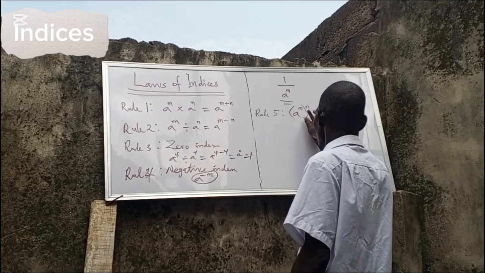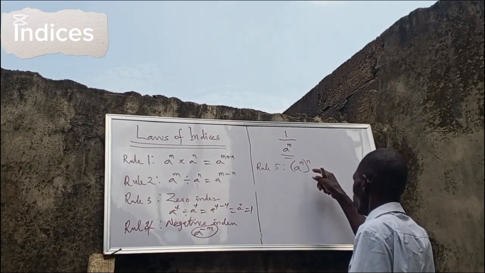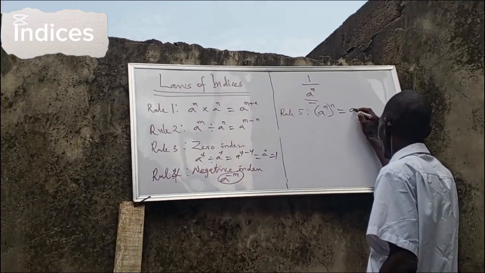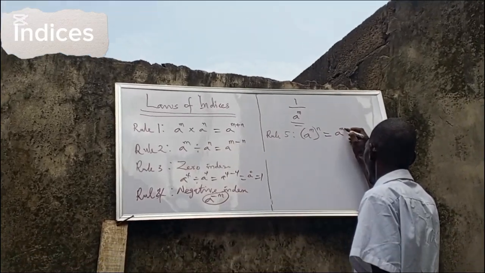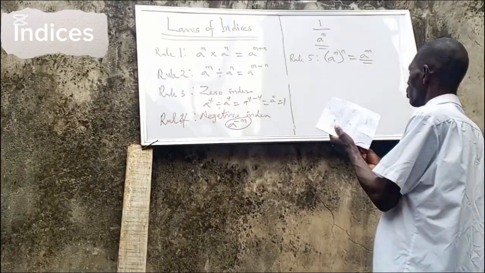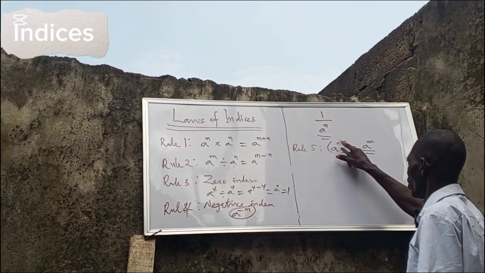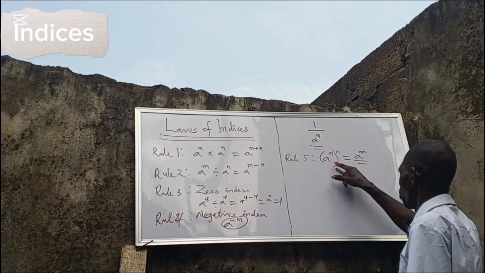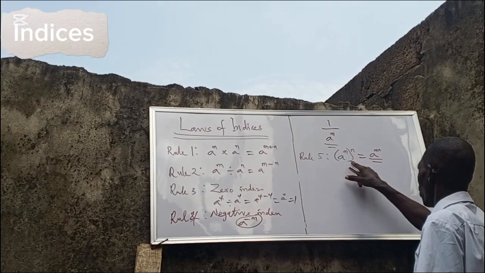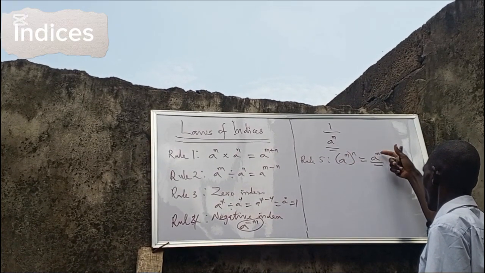Instead of writing A raised to power m and again raised to power n, you simply multiply. So you have A raised to power m in bracket, raised to power n, and you simply multiply m times n. So you have A raised to power mn.